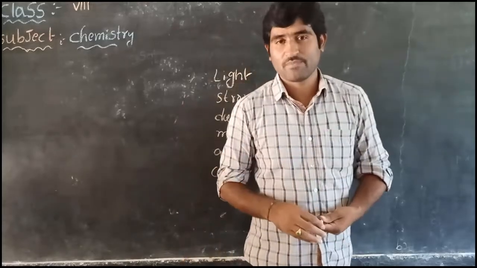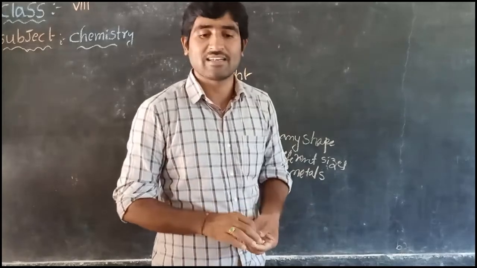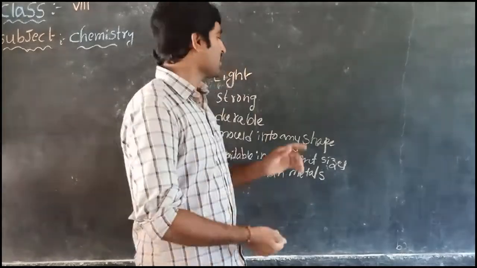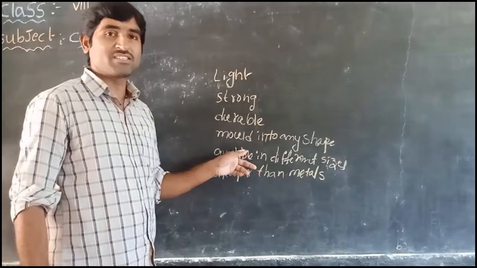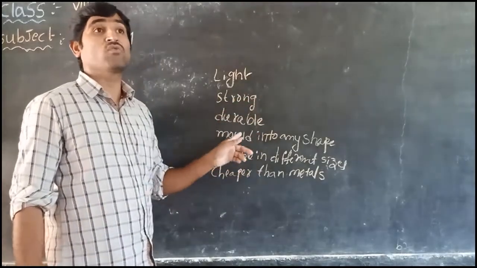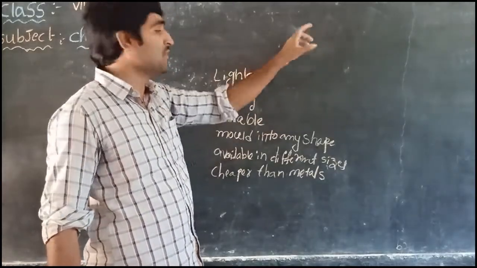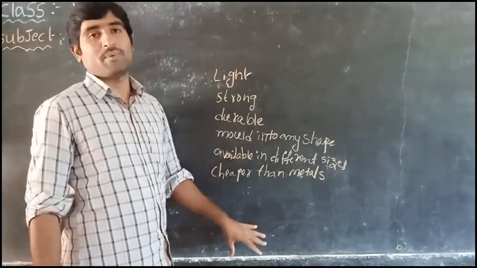Children, try to make the list of where we are using plastic articles. Understood, children? These are some properties of plastics, and these properties made plastic the first choice of material.